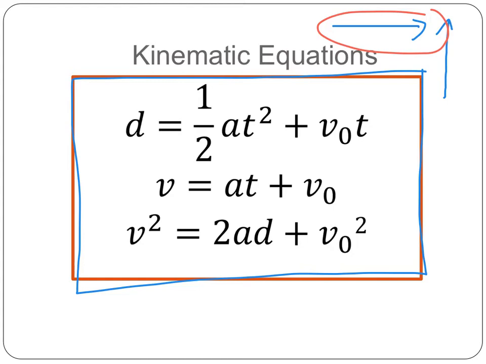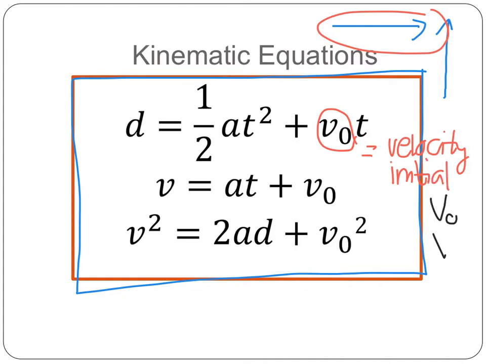Our distance equals 1/2 of our acceleration times time squared plus our initial velocity times time. Velocity initial can be written in several ways. It can be written how we see it here, V0. I normally write it V1 or V initial.